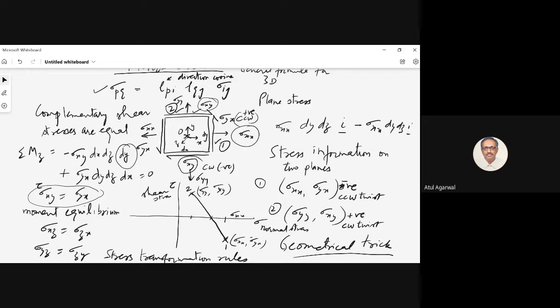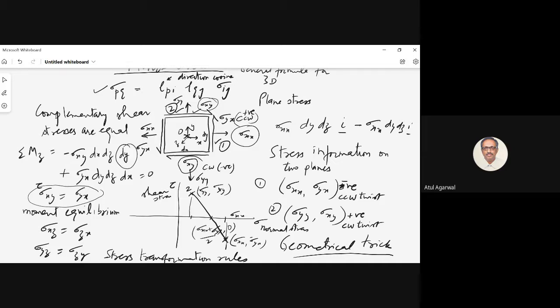Can you calculate the midpoint, Kevalish? Yes, sir. Sigma yy plus sigma xx by 2, and in the same way for the y coordinate also. So will that y coordinate be 0? Yes, sir. It will be 0 because these are having equal magnitude. This distance and this distance are the same.